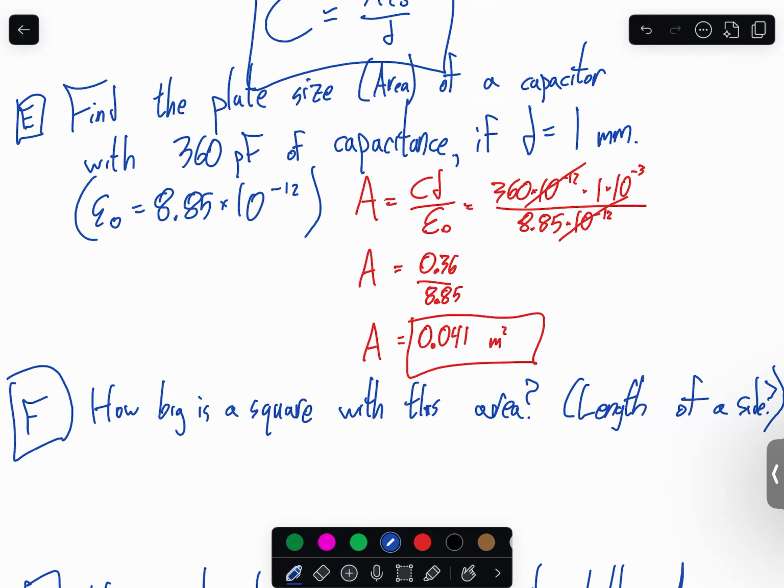You have to remember the formula for the area of a square. Solve that for side length.